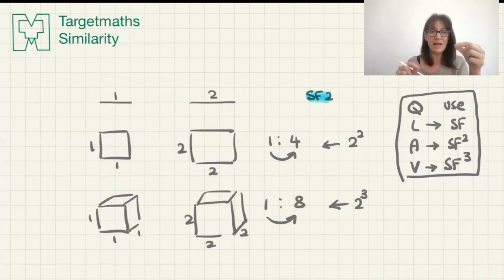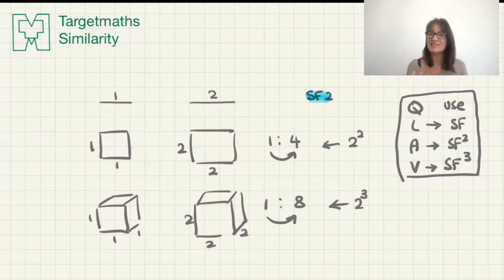Or read similar, read they're talking about area, and straight away write SF to the power of 2, okay? Do something, make that word similar trigger this. That's the goal. If you can do that, then you're going to find this topic actually really not that bad at all, okay? So that's the understanding as to why it's scale factor squared and scale factor cubed.